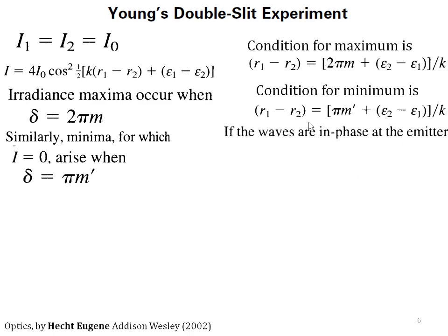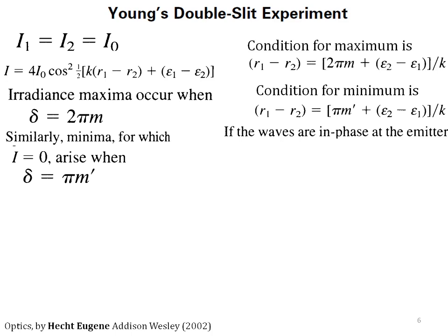If the waves are in phase at the emitter, let us assume that from the point where these waves are being emitted, and since we are following a wavefront division here to obtain the interference, the waves on different points of the wavefront are already in phase.